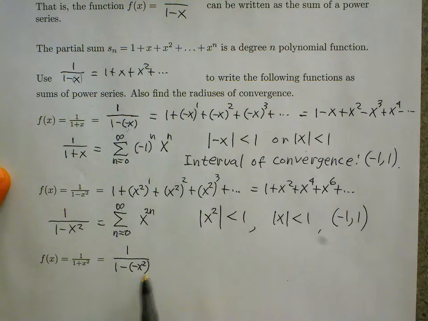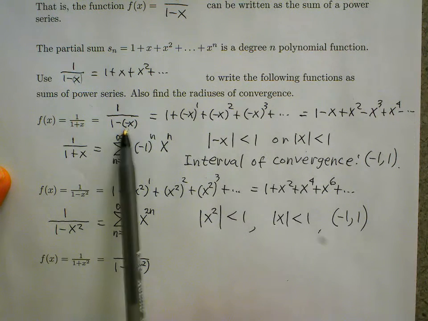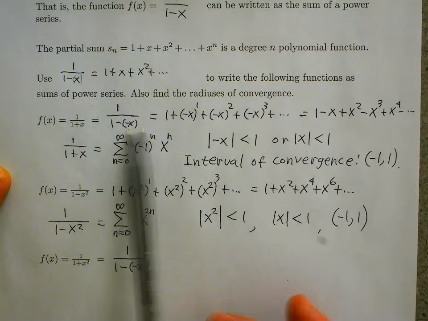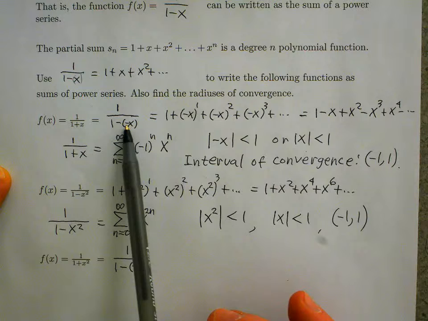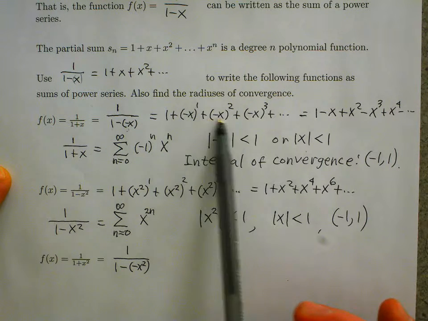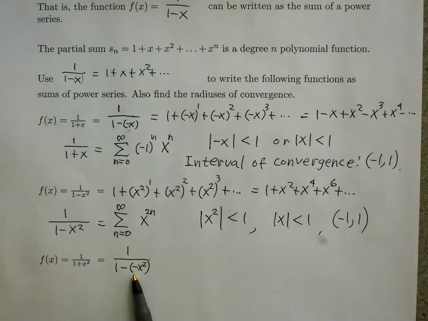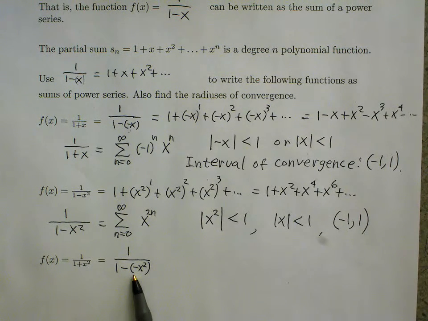Okay, then similar to what we did in the very first one, where we replaced 1 plus x with 1 minus negative x, and then it was the term negative x that was raised to those powers. This time it's going to be the term negative x squared that's raised to powers.